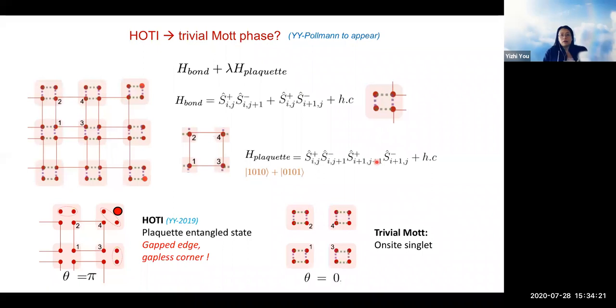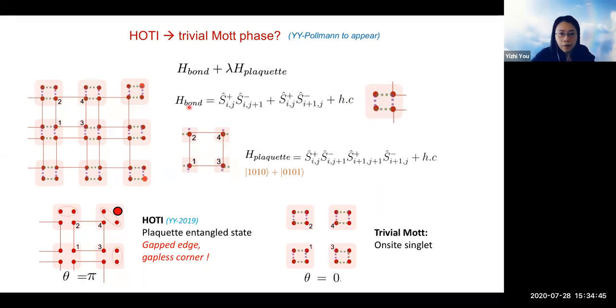So now we are going to perturb away from the exactly solvable limit. Previously, I just introduced a very simple model which only contains a ring exchange term on every plaquette. Now I will add an additional term which still maintains the global time reversal symmetry and subsystem charge conservation on each row and each column.